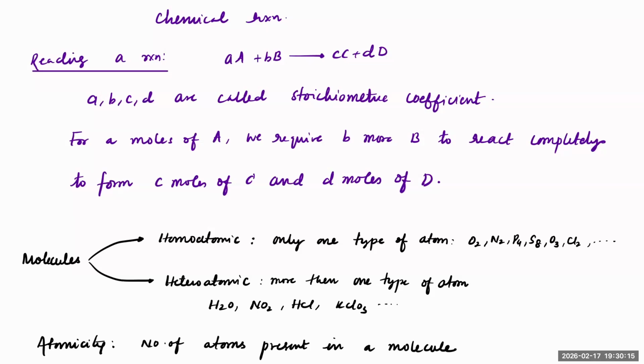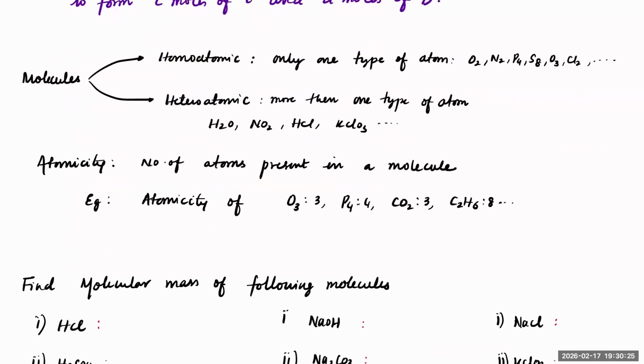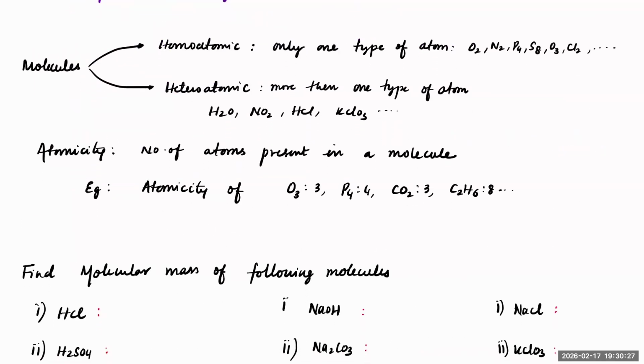And in the case of gases, you can do the same thing for volume also. But usually, remember it, it is always for moles. Now, notice first. Generally, when we say molecules, there are two kinds of molecules. One is homoatomic, the other one is heteroatomic.